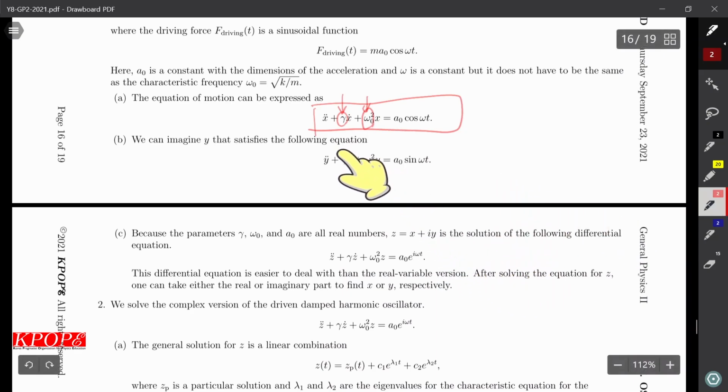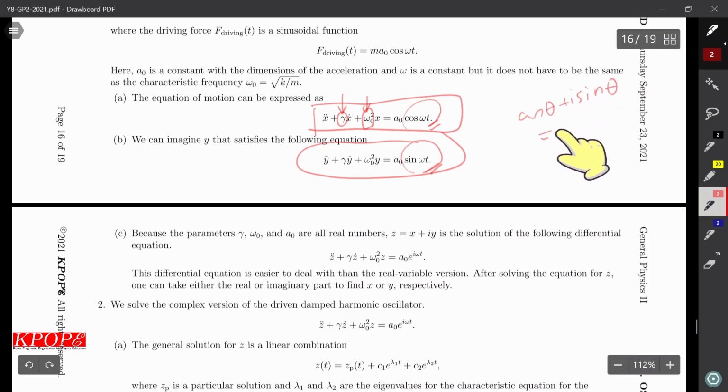And what about introducing another solution y that has a different part? However, this is cosine and this is sine. Aha, you have noticed that cosine theta plus i sine theta equals e to the i theta. We want to make use of this.